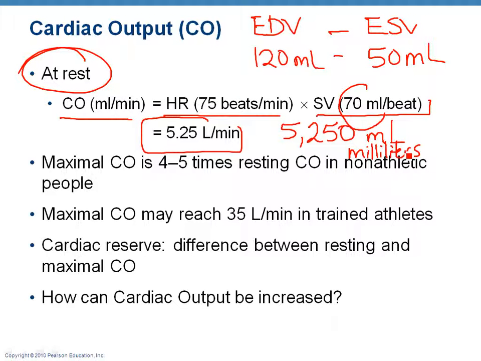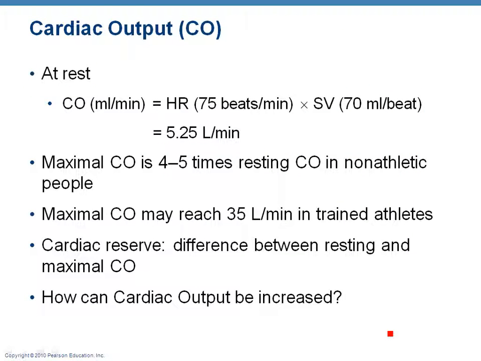So if you want to express this as liters, you take this number and you divide by 1,000, and that gives us 5.25 liters per minute. Cardiac output is typically given in either milliliters per minute or liters per minute. Okay.